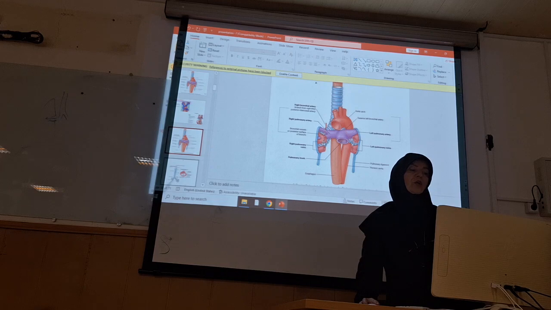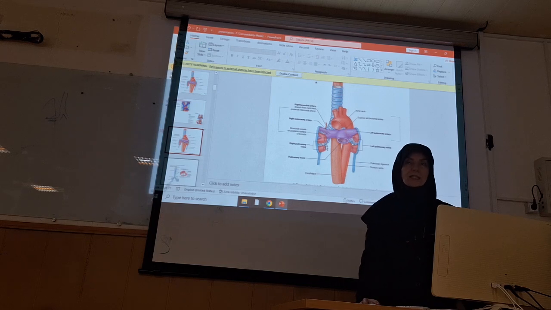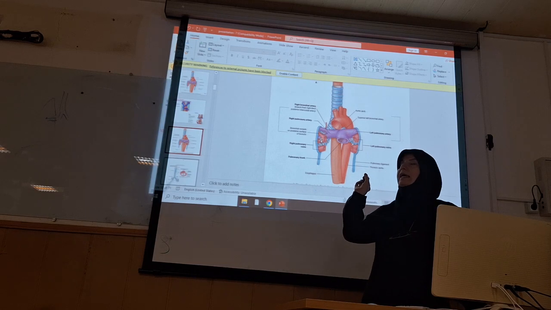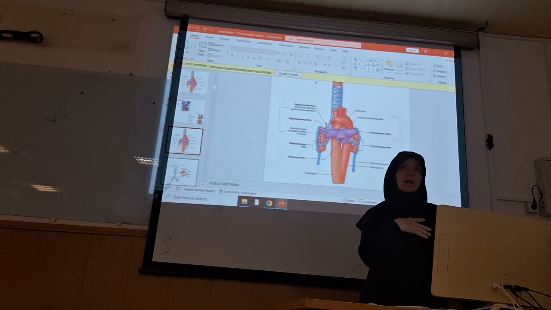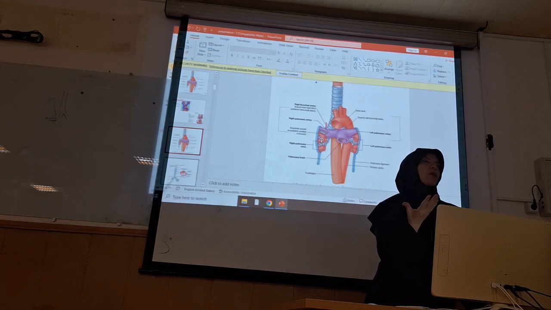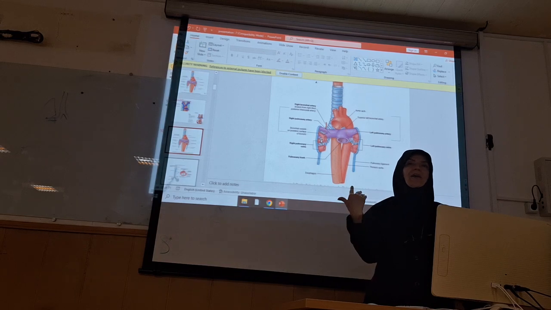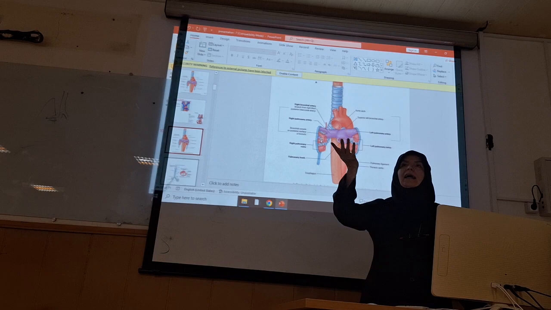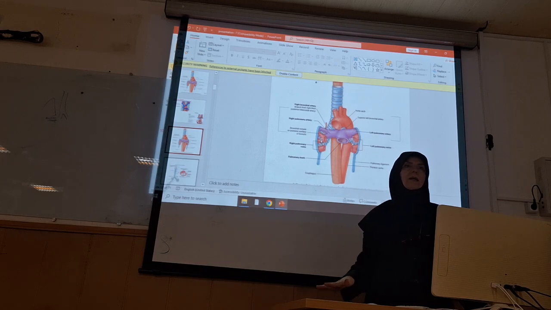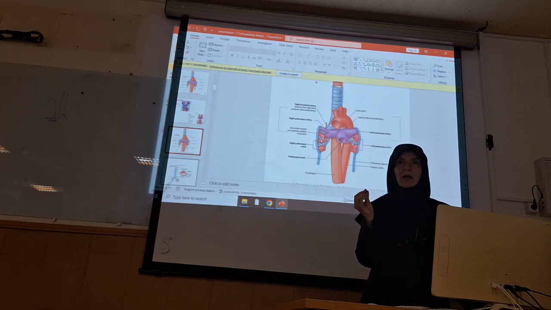Why do we use the red color here for the pulmonary vein? Because the blood is oxygenated. Because the oxygenated blood is passing through the pulmonary vein. So only in the hilum of the lung, the veins are shown in red. In other parts of the body, in the hand, in the abdomen, in the lower limb, we show all of the arteries in red.